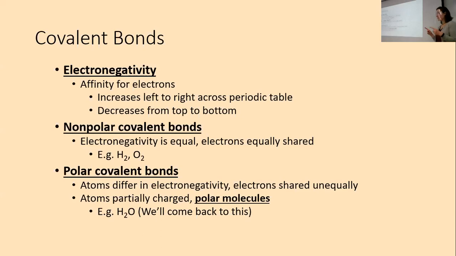Conversely, we could have atoms bonding that differ in their electronegativity, in their affinity for electrons, right? In which case the electrons aren't shared equally, right? For example, oxygen is always our super electronegative biological element, right? Of all the things we talked about, oxygen is way right, way up, right?